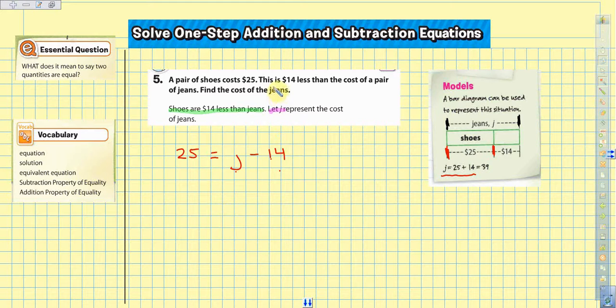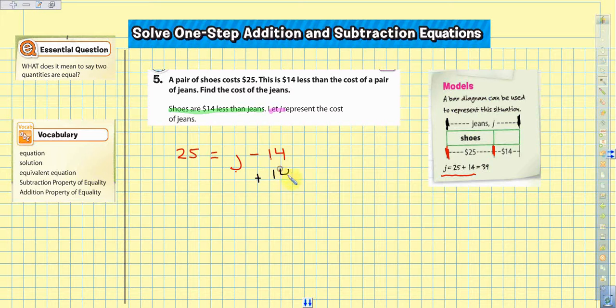And that's basically what it says. A pair of shoes cost $25. This is 14 less than the cost of jeans. Well, minus 14. Jeans minus 14, that's 14 less.